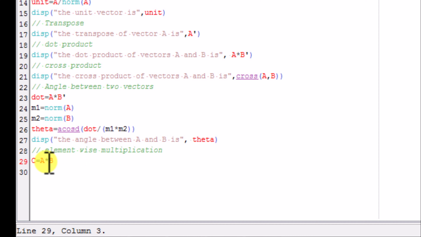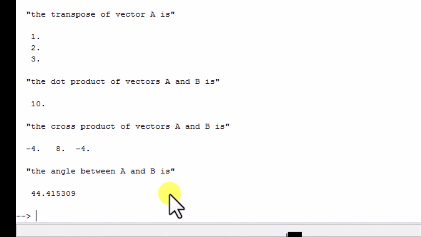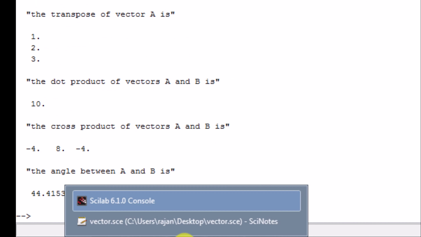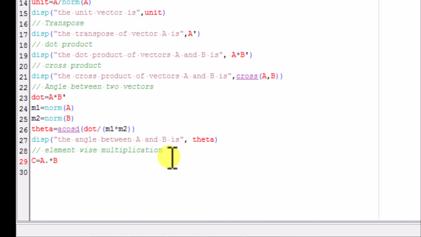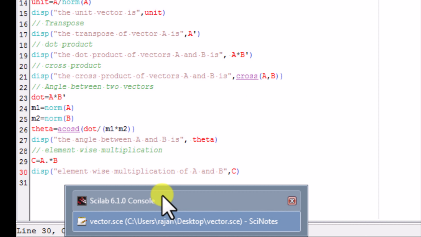Now, in order to calculate the element wise multiplication, we will put a dot here. I have not displayed it, so again, let us display the value of element wise multiplication of A and B, comma C. Let us see what we are getting in the console.